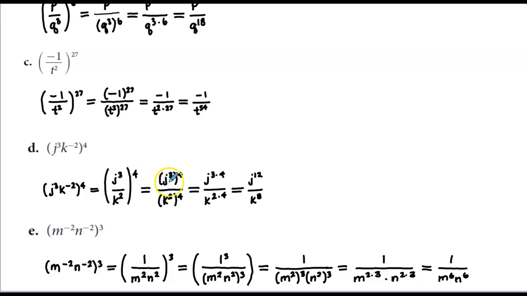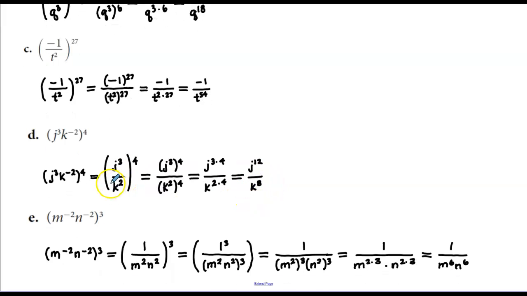And then we have j to the 3rd power raised to the 4th power, divided by k squared raised to the 4th power. So therefore, j to the power of 3 times 4 becomes j to the 12th. In the denominator, we have k to the 2 times 4, which is k to the 8th, and we no longer have any negative exponents.